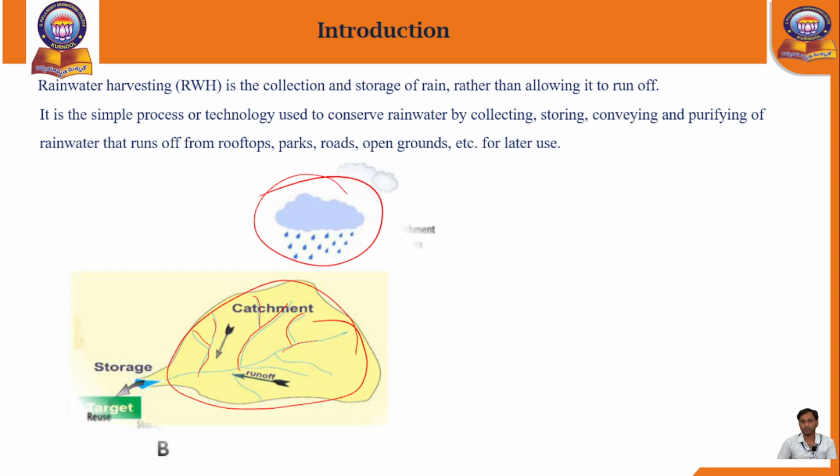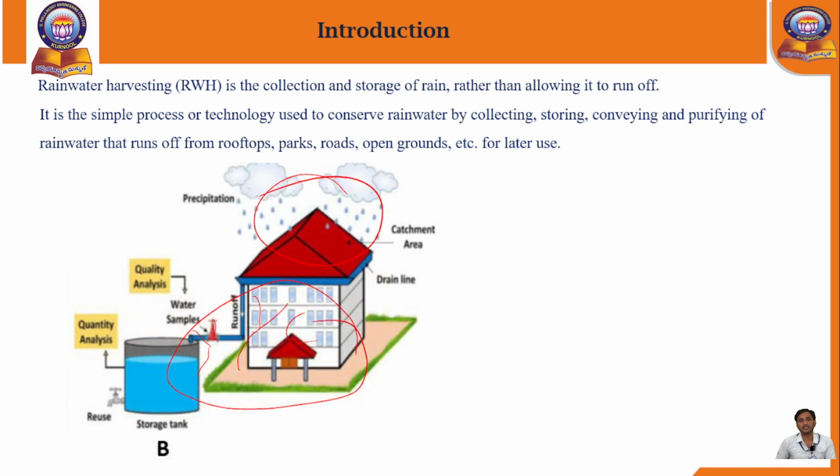How? Like this. Observe this image here. The rainfall is coming onto the earth surface. It falls directly on the ground surface, or on the trees, or on our houses. So directly it also falls on our houses.